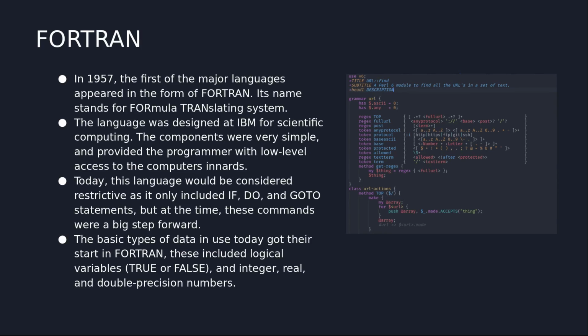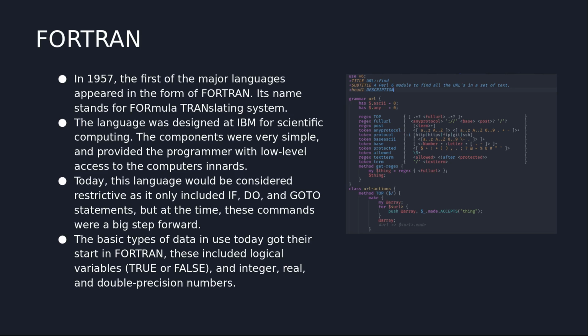In 1957, the first of the major languages to appear was Fortran. Its name stands for Formula Translating System. This language was designed by IBM for scientific computing. The components were very simple and provided the programmer with low-level access to the computer's innards.